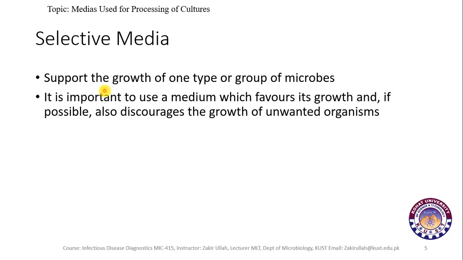This media is important because it favors growth of specific bacteria, and it also discourages and inhibits the growth of unwanted organisms, or organisms which are part of the normal flora. So, selective media is used for selective bacteria or a selective group of bacteria.